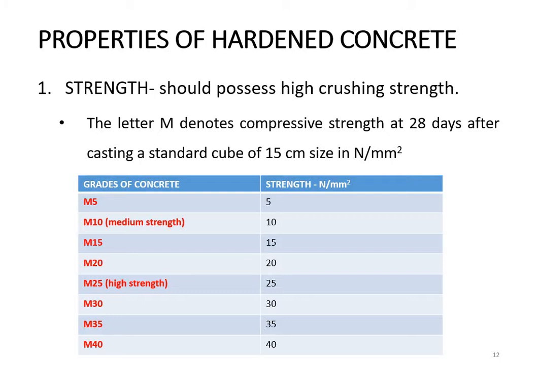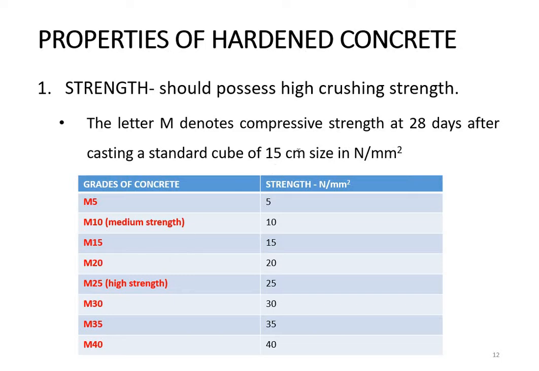Then you need to know the strength of that concrete. Generally you have different grades for the concrete. As we have learned the different grades of cement, we have different grades of concrete. The different grades are denoted by M5, M10, M15, M20, M25, M30, M35, M40.